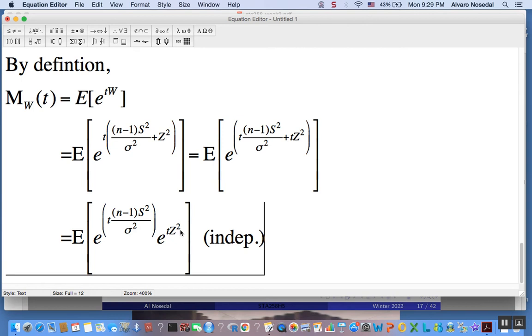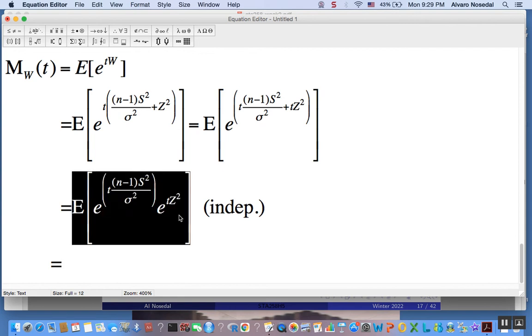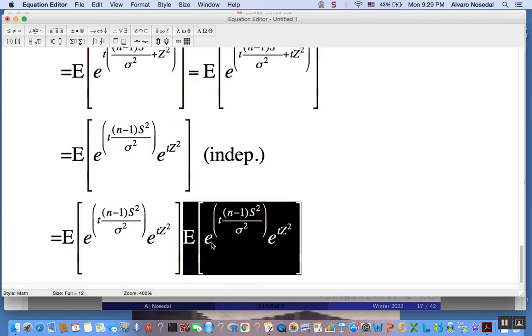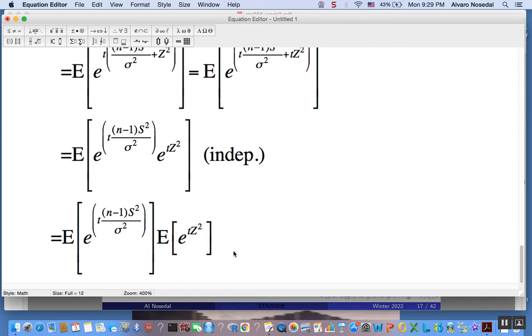Since c squared and s squared are independent, the expected value of that product is the same as the product of expected values. Agreed?